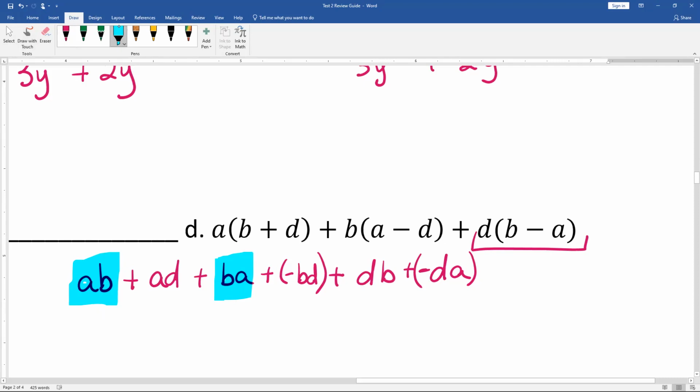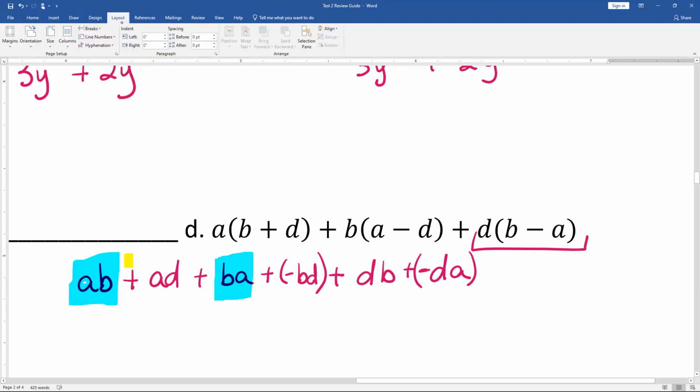No. If A is 3 and B is 4, then the first one says 3 times 4, and the second one is 4 times 3, which are both 12, which means it's fine. All right, Isaiah, what's my second like term? Anything similar to AD? Negative DA, all right?